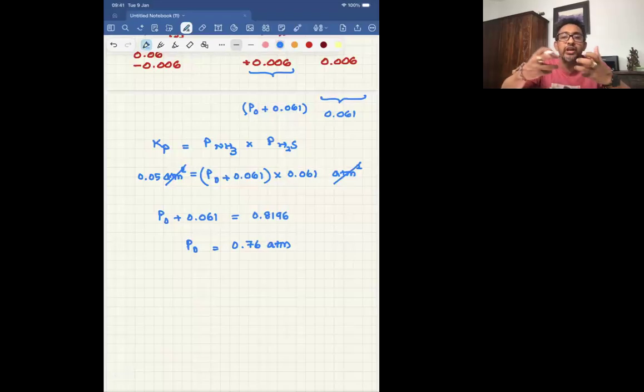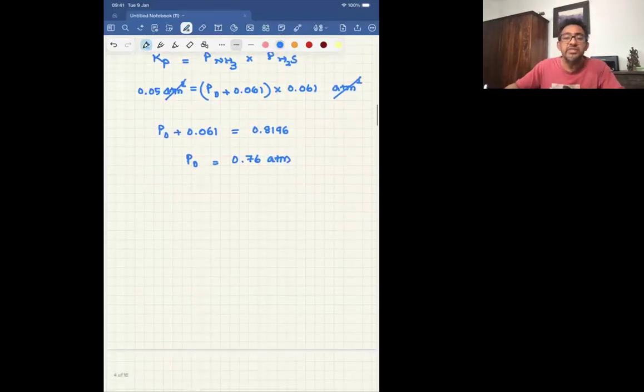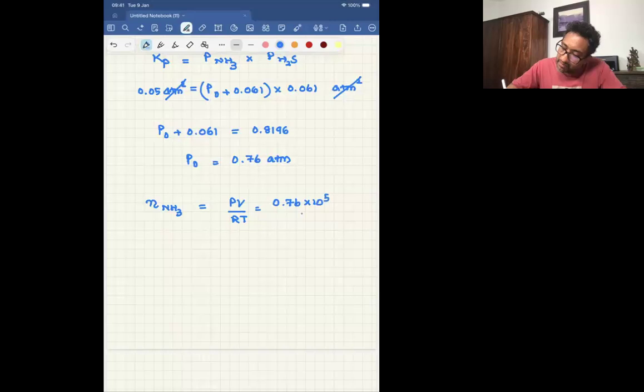So that ammonia that you add should build up a pressure of 0.76. So what is the number of moles of ammonia that should be added? PV divided by RT. Pressure is 0.76 times 10 to the power 5. Volume is 2.4 liters, 2.4 times 10 to the power minus 3. R is 8.314.